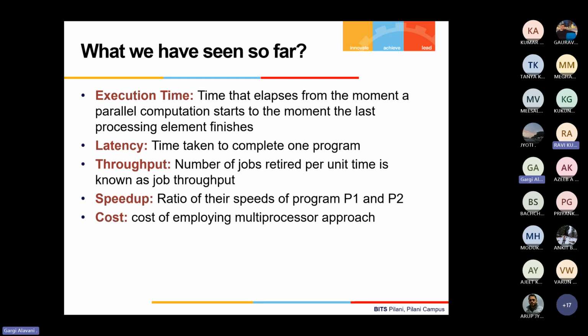Basically, it is the time required to complete a job. That job can be an application. The job can be completing execution of one instruction, or any other task. So the total time or total delay which is involved in doing a task is latency.